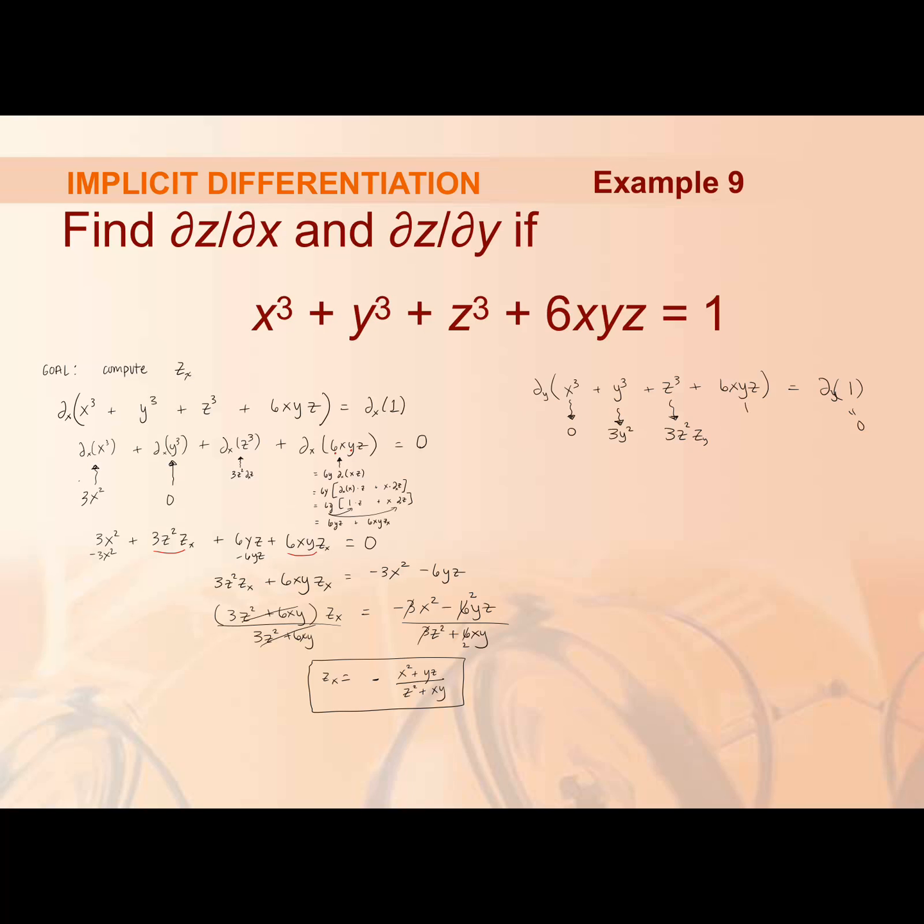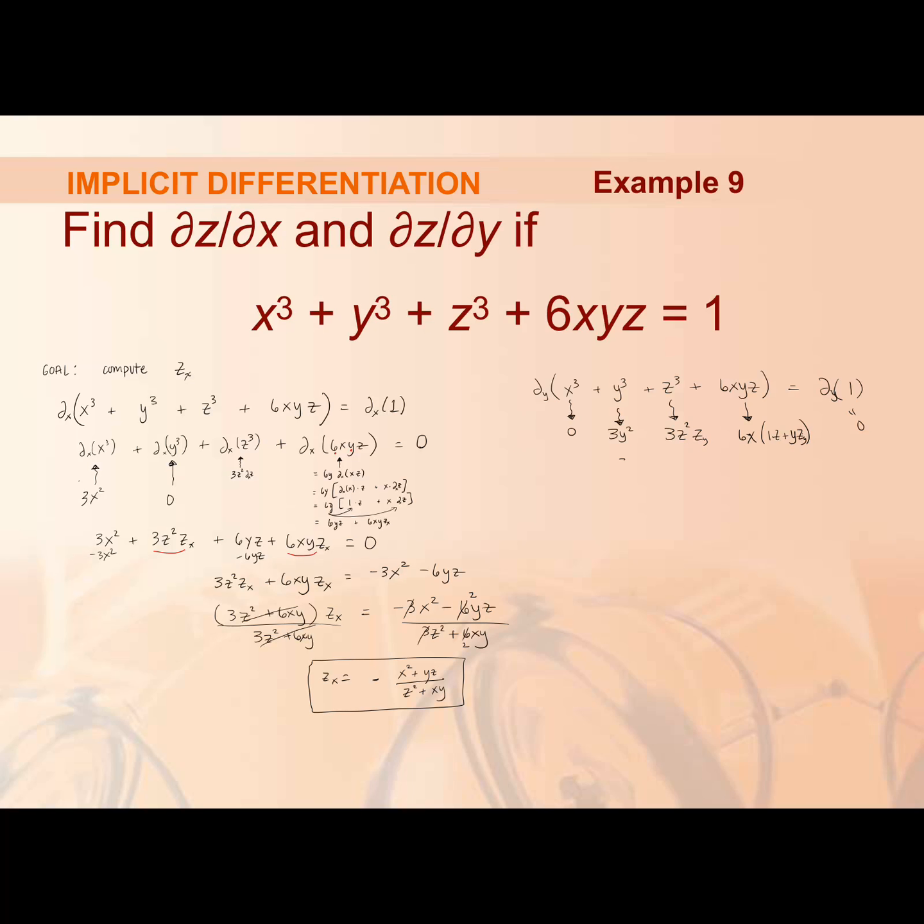Now I'll have 6x times, I'm going to do the product rule. So it's the partial of y, that'll be 1, times z, plus y times the partial of z with respect to y, and that's just z_y.